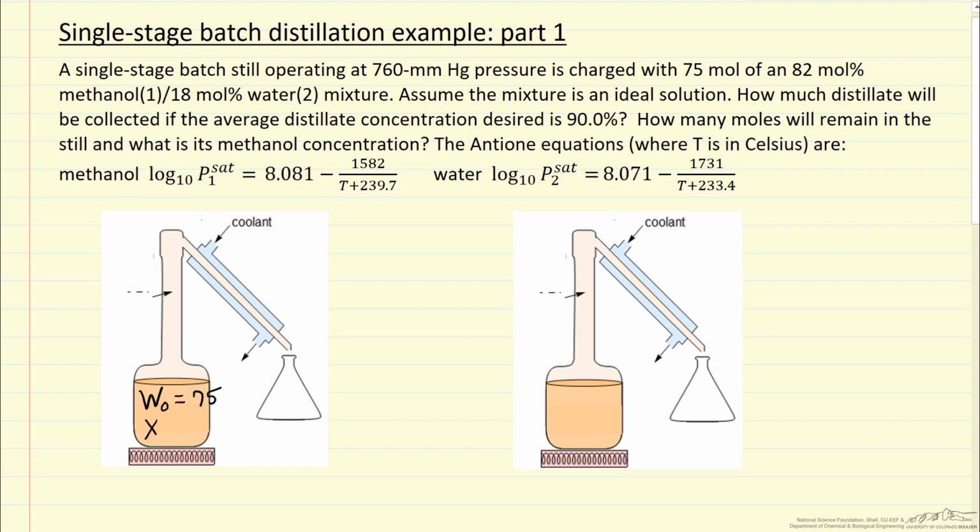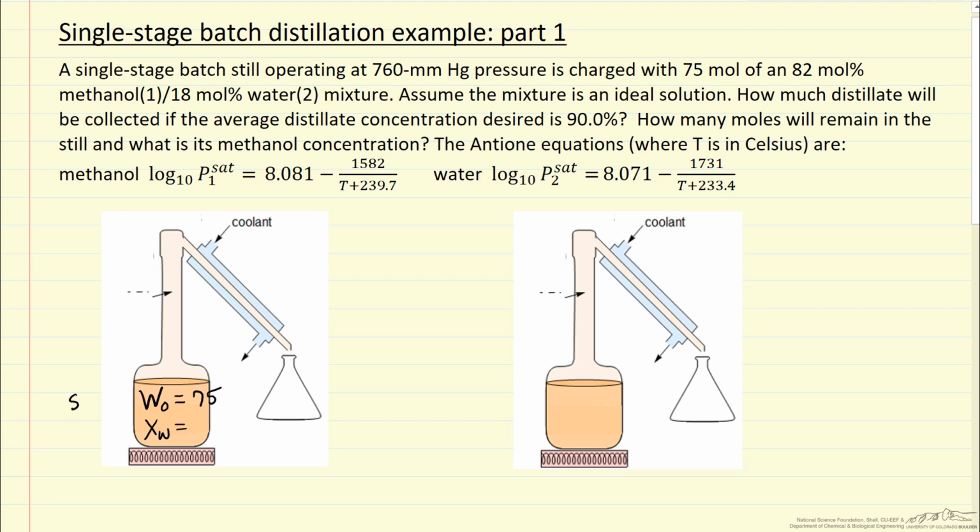And the mole fraction, we're going to use the notation of 1 for methanol and 2 for water. But all the equations I'm going to write down are going to be in terms of mole fraction of methanol. In order to not make the notation too complicated, I won't write the subscript 1 in general in these equations. So XW means the mole fraction in the still.